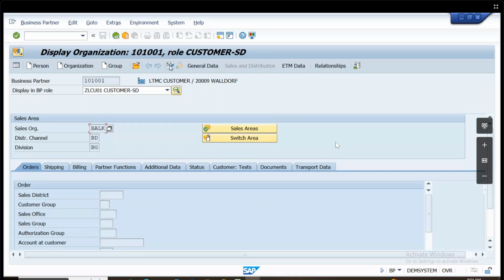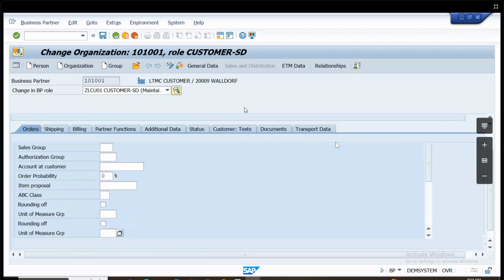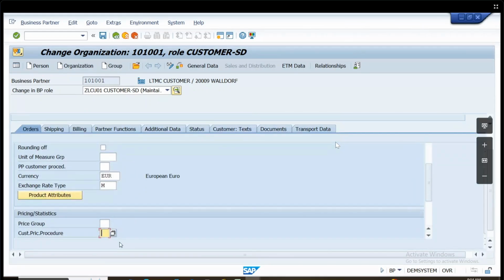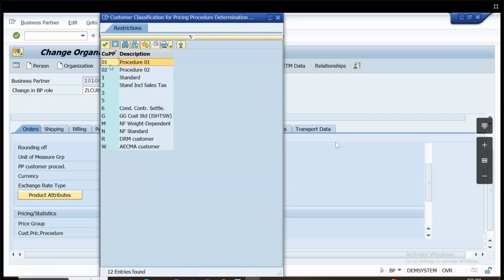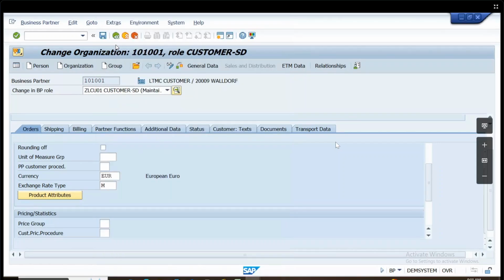What is the length? Now it is 2 digits. See, now you can have 01, 02 like 2 digits. Earlier in ECC it was only 1 digit for customer pricing procedure. The same for document pricing procedure.